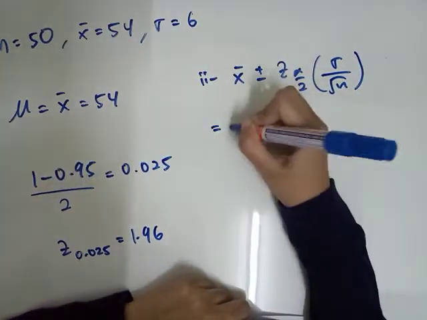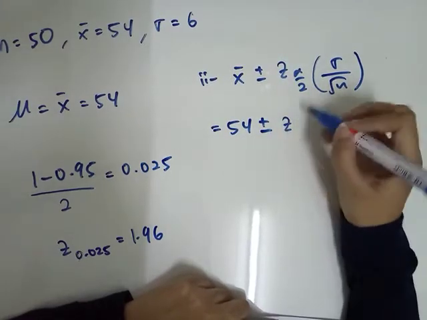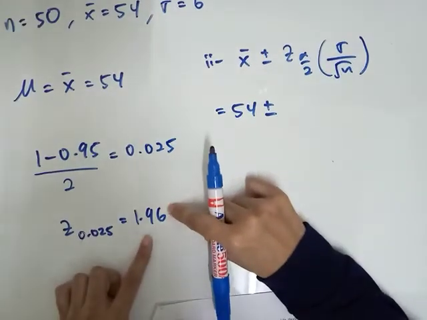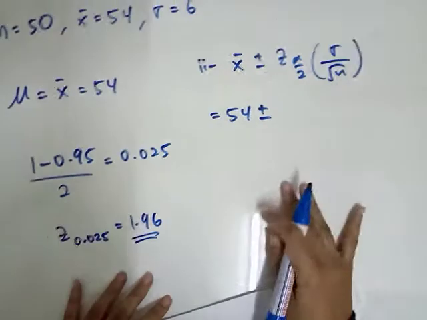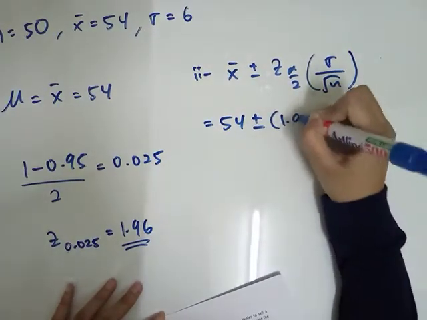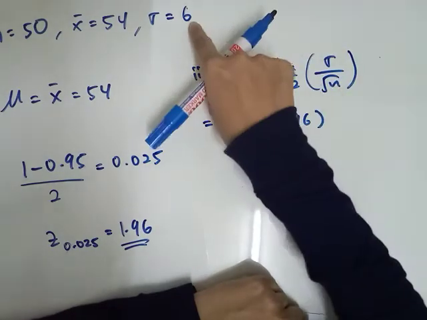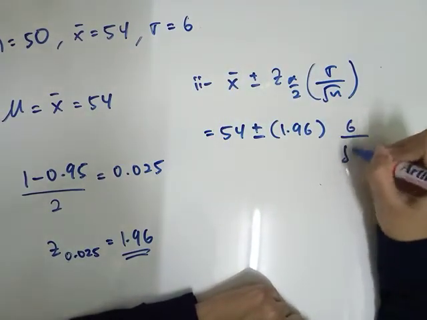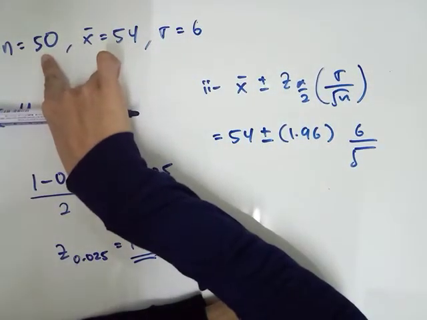Okay, 54 plus minus z alpha over 2, which is 1.96, times standard deviation, which is 6 here, divided by square root n, where n is 50.